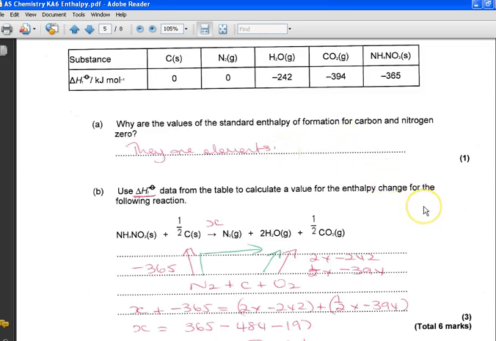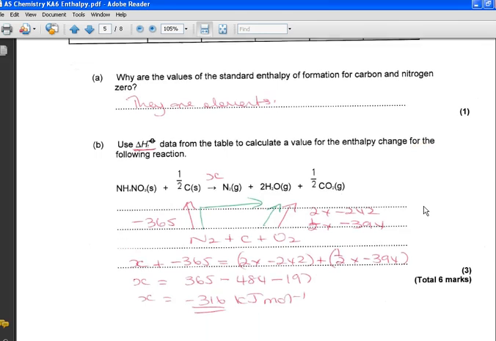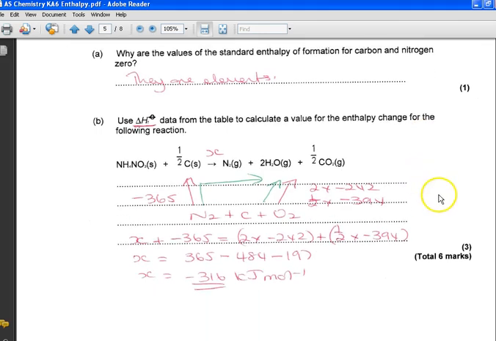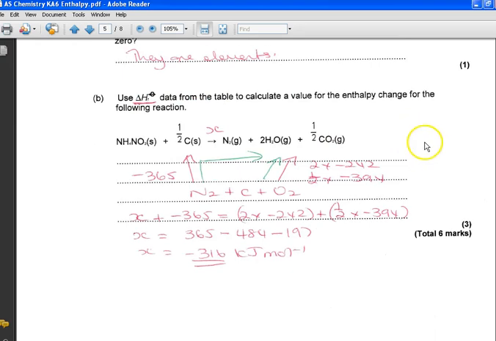Because we don't form them. They are already formed. It's telling you to use that data to calculate the enthalpy change for this reaction, so we're looking for this value. Pretty straightforward. It's formation data. You've got elements at the bottom, arrows going up, etc.